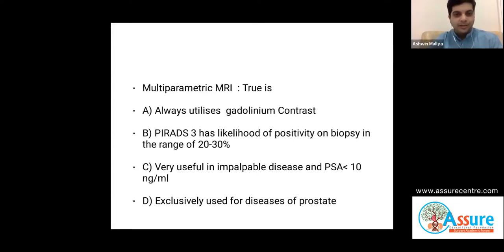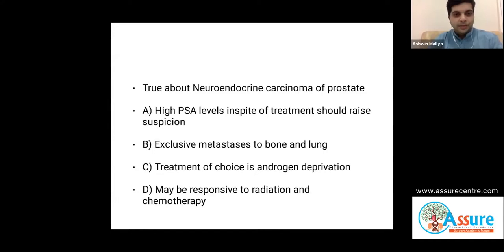Could I go to the next slide? So, true about neuroendocrine carcinoma of prostate. You have to know that prostate carcinoma is not just adenocarcinoma. There are other variants, and neuroendocrine carcinoma of prostate is an aggressive variant of prostate cancer.